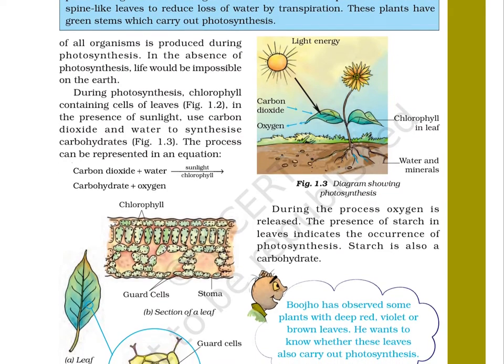These leaves have chlorophyll in them. They are taking in carbon dioxide and giving out oxygen. At the root of the sunflower, we can also observe water and minerals. During the process, oxygen is released.